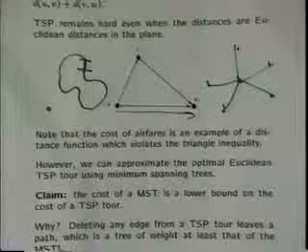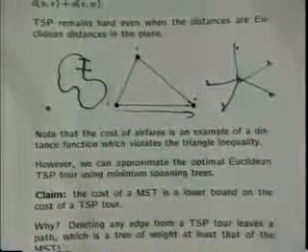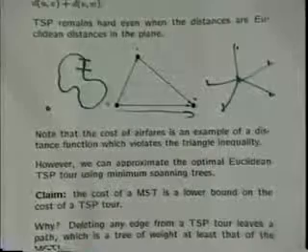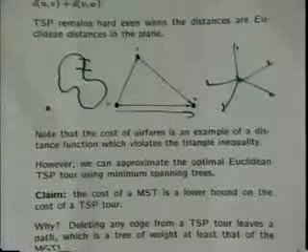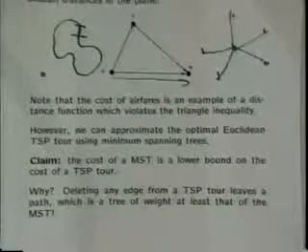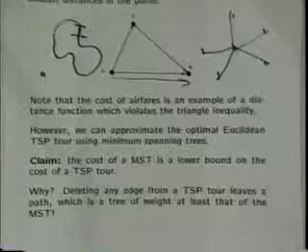So any spanning tree has to be greater than or equal in weight to the minimum spanning tree. The optimal traveling salesman tour has to consist of a spanning tree plus one edge, which clearly is going to weigh more than just that spanning tree. I've just proven that the minimum spanning tree is a lower bound on the cost of any traveling salesman tour.